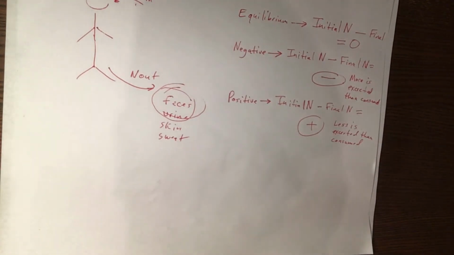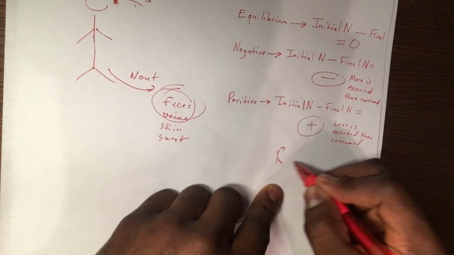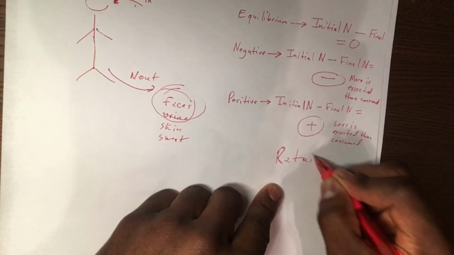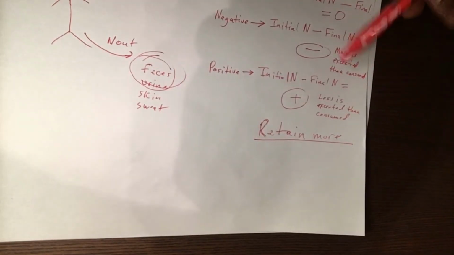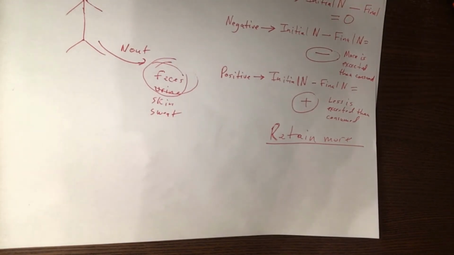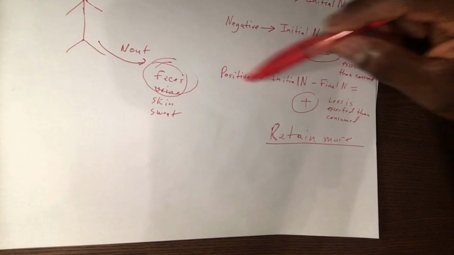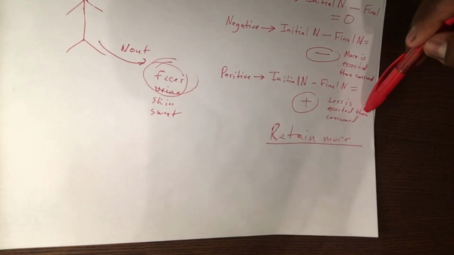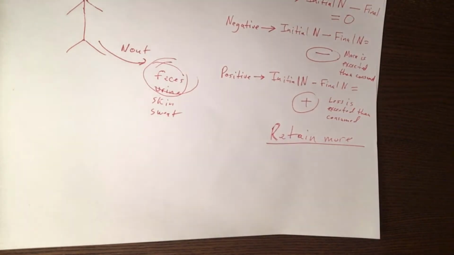This child is growing at a fast rate. They have a higher protein requirement. Thus, keyword here, they will retain more nitrogen. Thus they're in a so-called positive balance. If you give them more, they're going to retain more and thus excrete less. So the amount excreted is less than what was consumed.